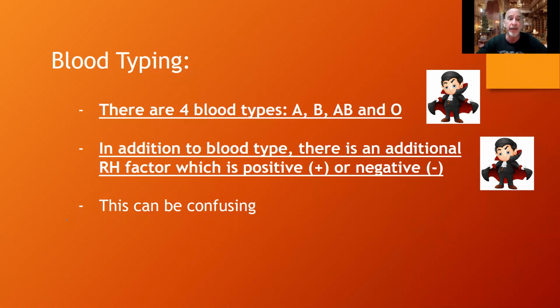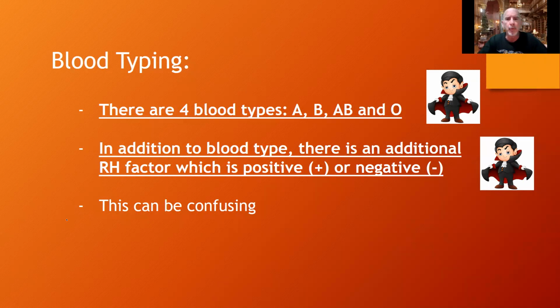If you don't have that Rh factor on your blood, you are Rh negative. So Rh factor, you either have it or you don't have it. The important thing about that is you can't give somebody with an Rh positive to somebody who doesn't have the Rh factor, because your body will look at that Rh factor and go, invader, invader, and it will attack the blood, causing a transfusion reaction.